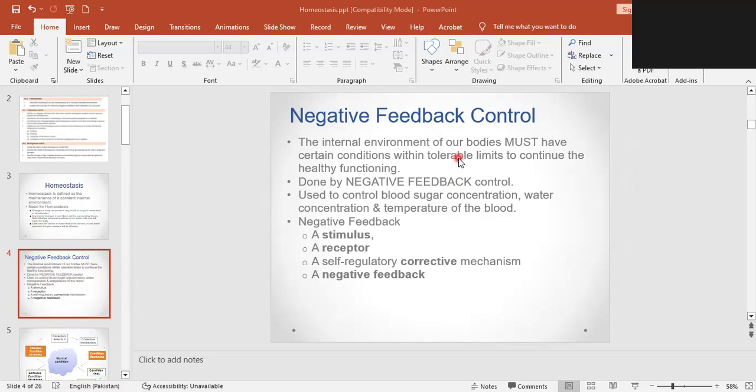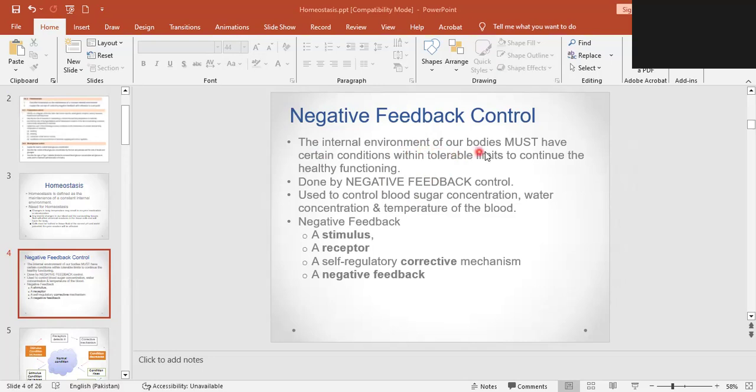This is known as set point. If the set point is triggered, either it has increased from the set point or it has decreased from the set point, it needs to be corrected. It needs to be fixed. Okay, this is known as negative feedback.